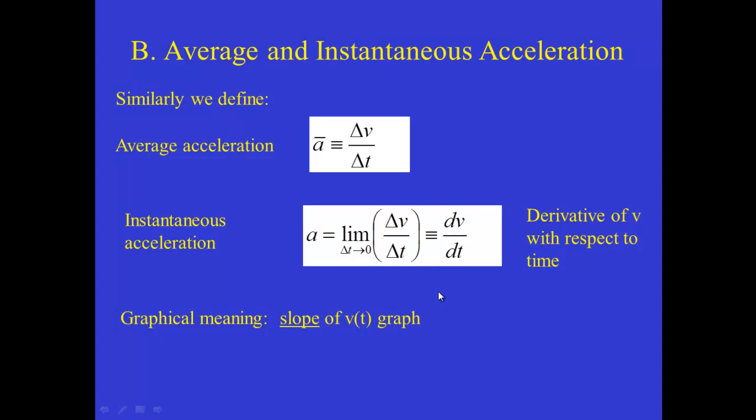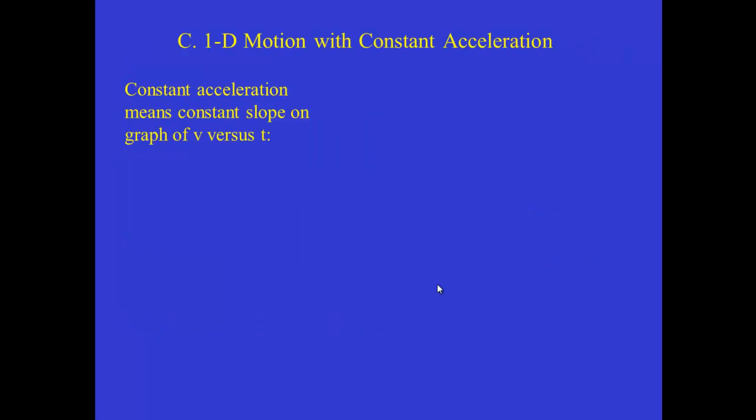All right, so let's now consider the very special case that often we have happening in nature for an object that's moving in one dimension but with a constant acceleration. Now this is not the way that all objects behave, obviously, but in particular, the case that we often see is an object that's released from rest and then it falls down towards the earth.